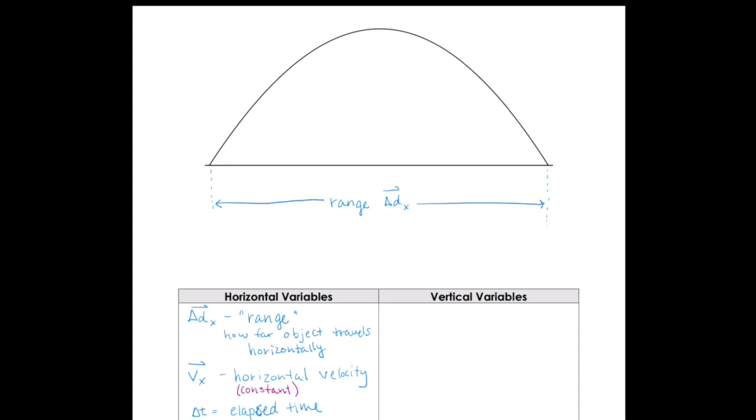All right, so the vertical variables, we're going to have a bit more to look at just because there is a bit of change happening due to the acceleration of gravity. So let's start first with our delta d of y. Okay, this is our vertical displacement.